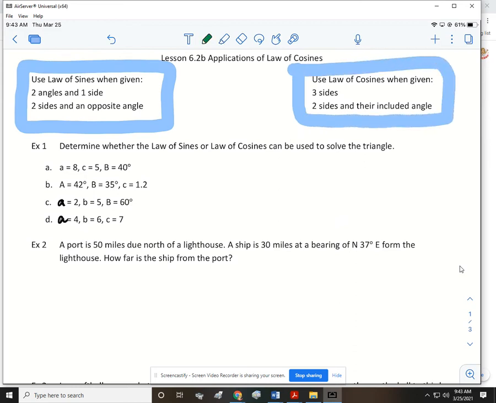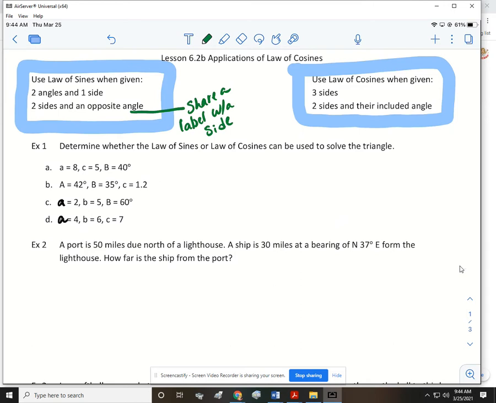Hopefully by the time you take the ACT again, by the time you take the challenge exam, you'll have that memorized. You won't have to look at it. But for A, we have two sides and an angle. If it is an opposite angle, it should share a label with one of the sides.